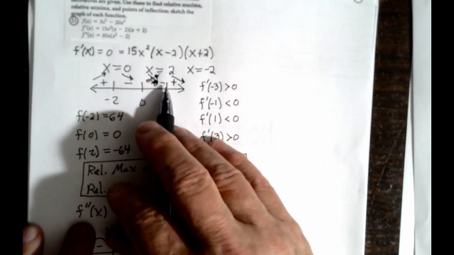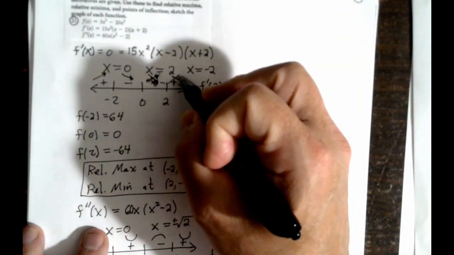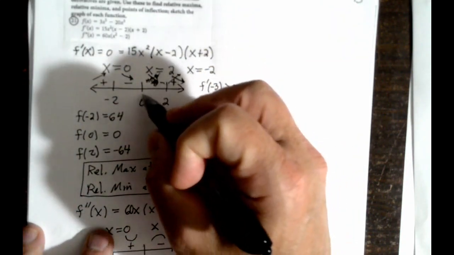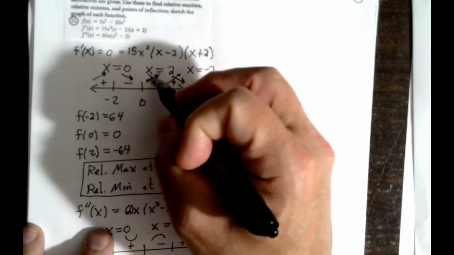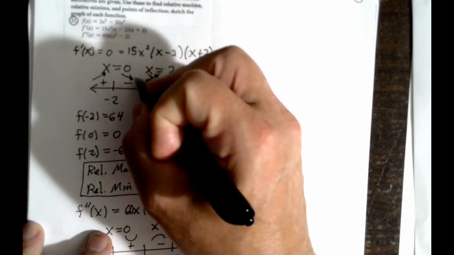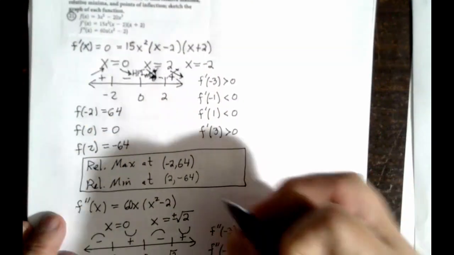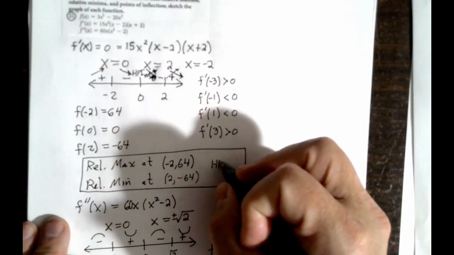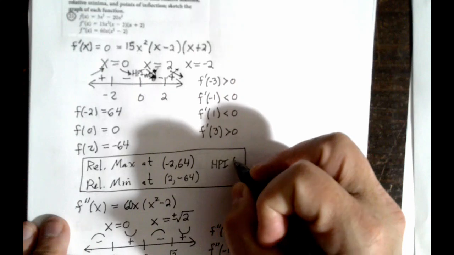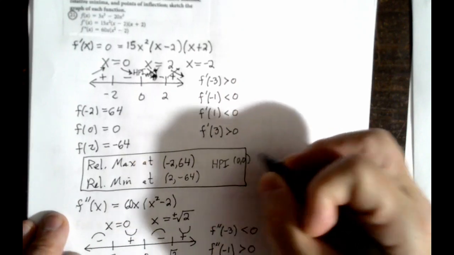It's decreasing, and then it's increasing here, so you've got a relative min there. But the fact that it's decreasing, decreasing tells you that that is a horizontal point of inflection, HPI. You have an HPI at 0, 0.